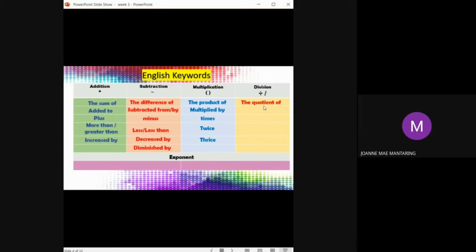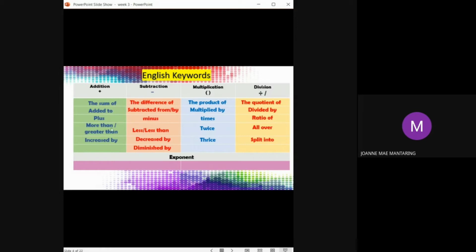We have the quotient of, divided by, ratio of, all over. Ayan, kaya sabi ko sa inyo yung parang sa fraction form, ginagamit din po siya. Split into. Ayan. So these are the English keywords associated with the fundamental operations in mathematics.